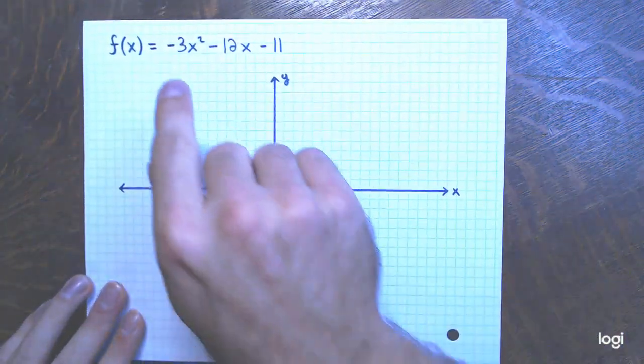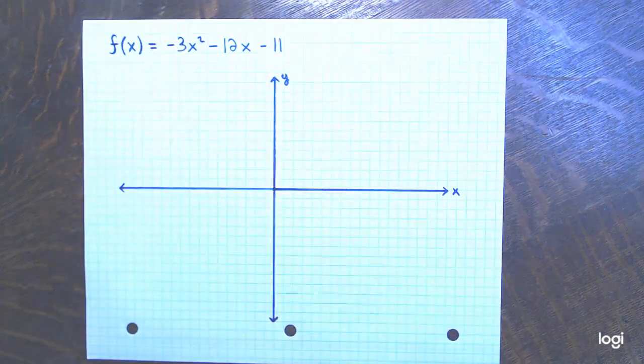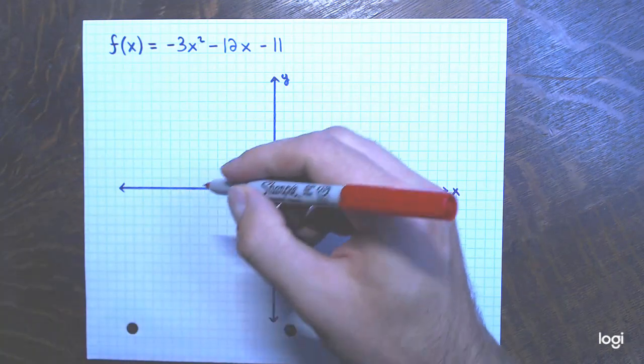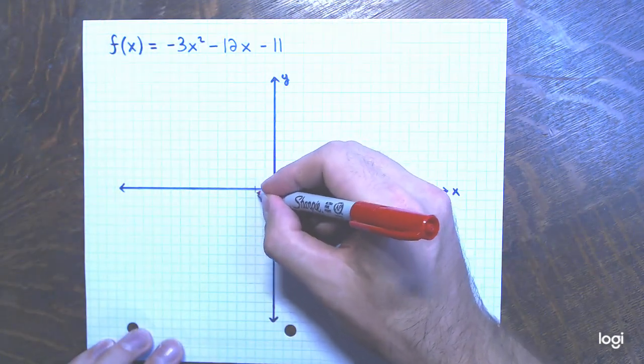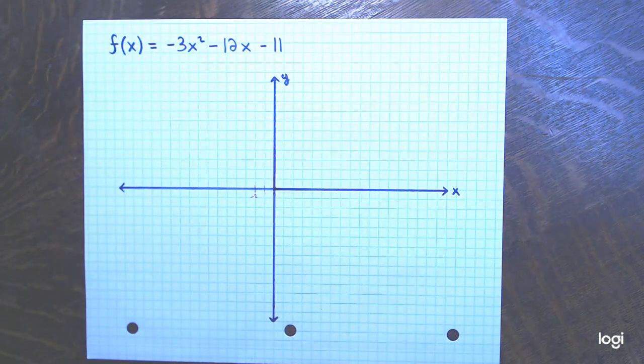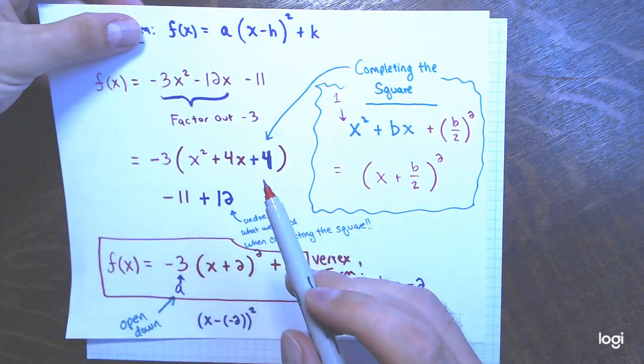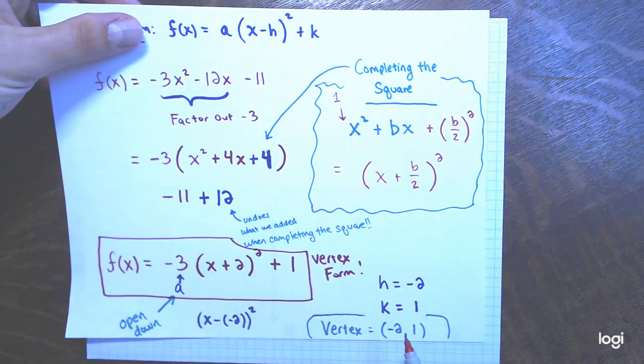Right? So we were graphing, remember this was the graph we were trying to make. I changed this to vertex form. In the final graph I ended up with the vertex being -2, 1. Remember, which is what I said it was going to be on that earlier page. Right? Remember this page here where I did the completing the square, changed it to vertex form. We said the vertex would be at -2, 1.